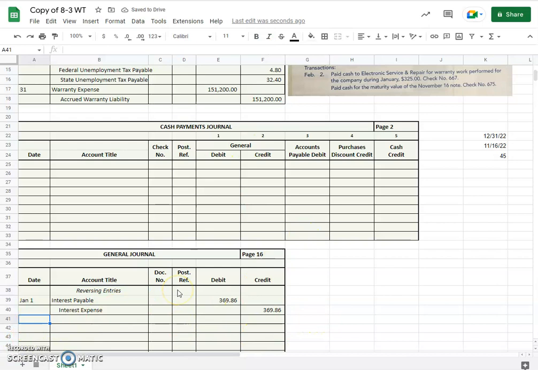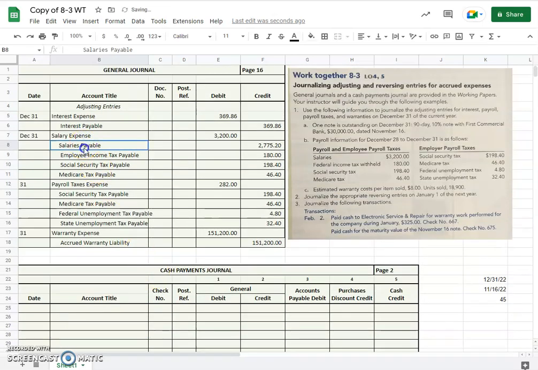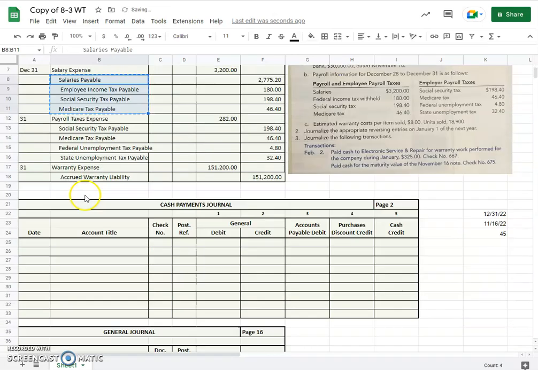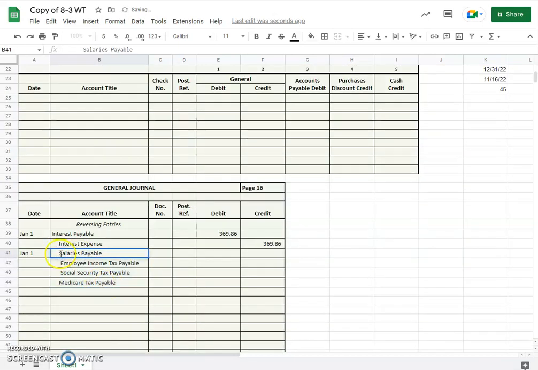And then our next one, we had that salaries expense. So we'll have to do all of our debits first, which were credits in the original adjusting entry. So we have salaries payable, we have employee income, and you know, if you wanted to, you could copy them, bring them down and paste them, and then just unindent, right?